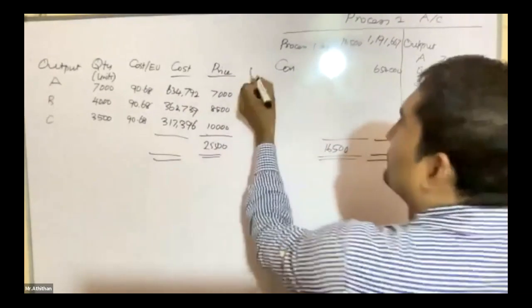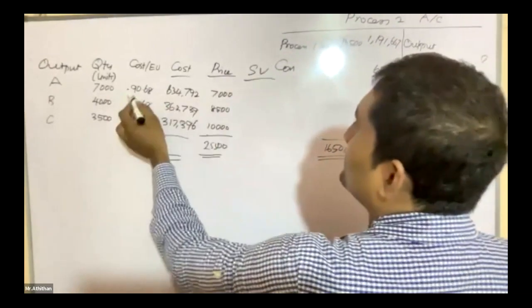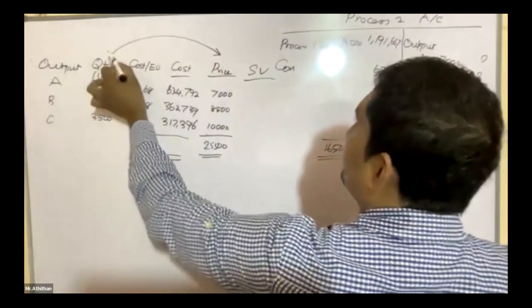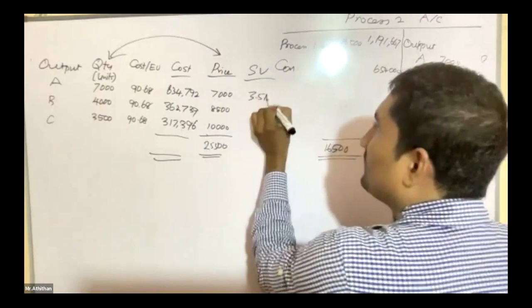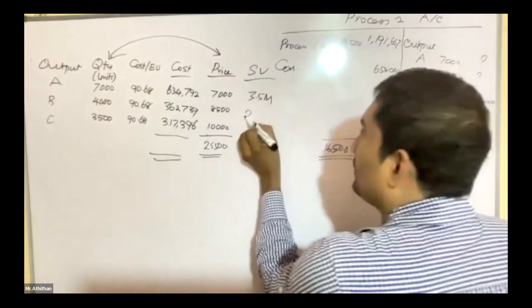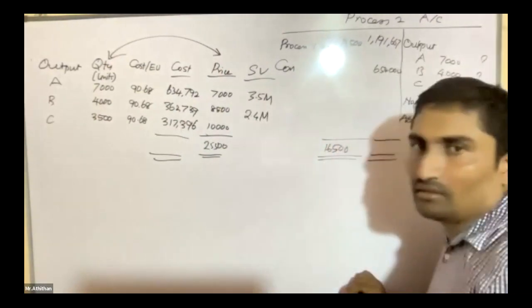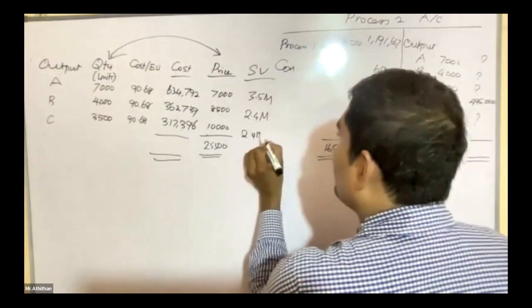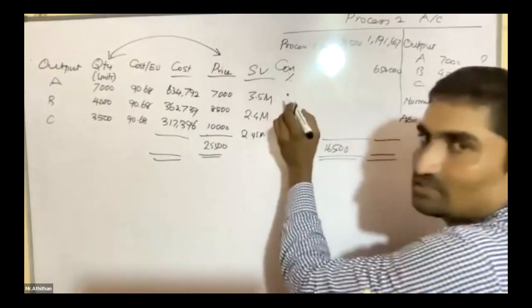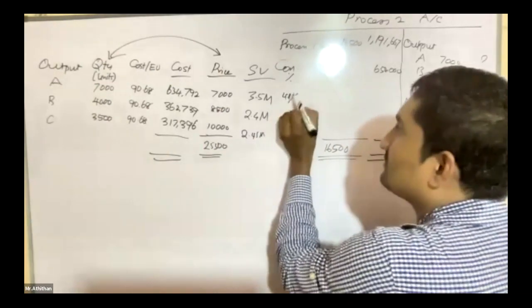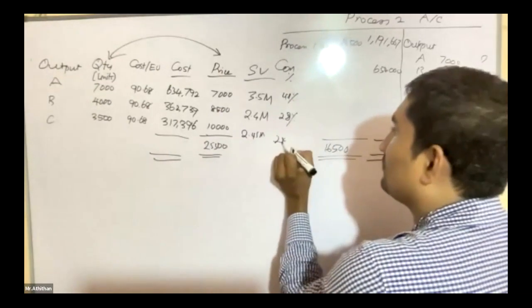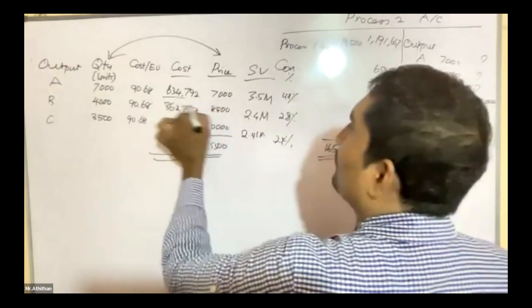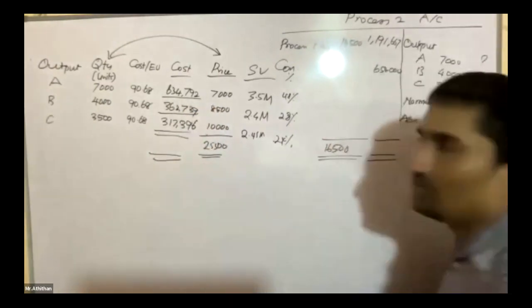We need to get the sales value. Sales value means quantity multiplied by price: 3.5 million, 2.4 million, 2.45 million. So the percentage is 48, 28, 24.